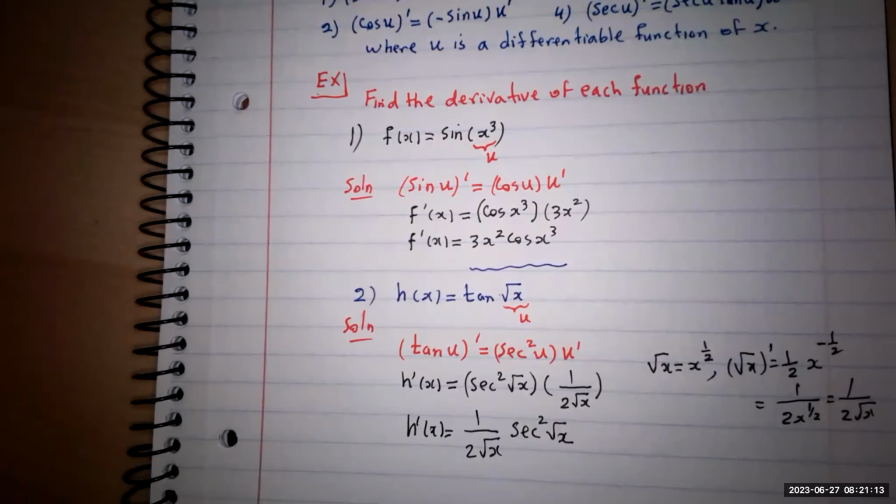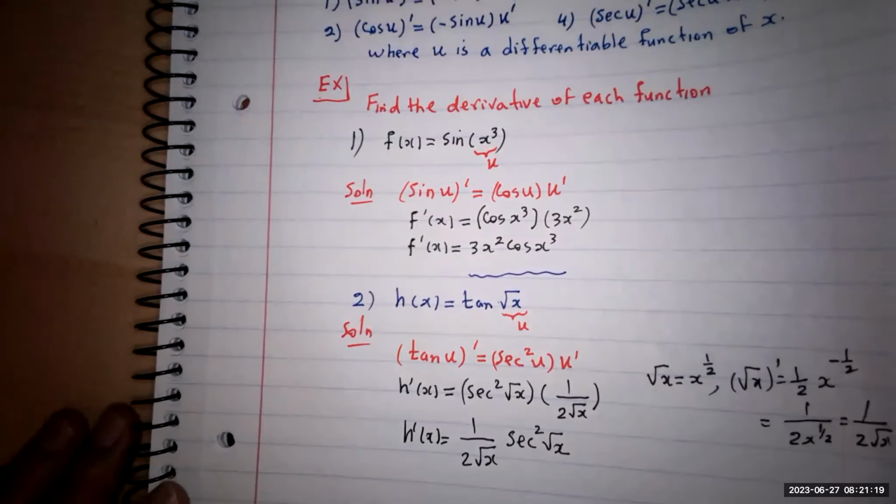So let's have an example with the secant. Okay, are you done? Let's go to the next page and bring the secant case. Number 3, the case with the secant.